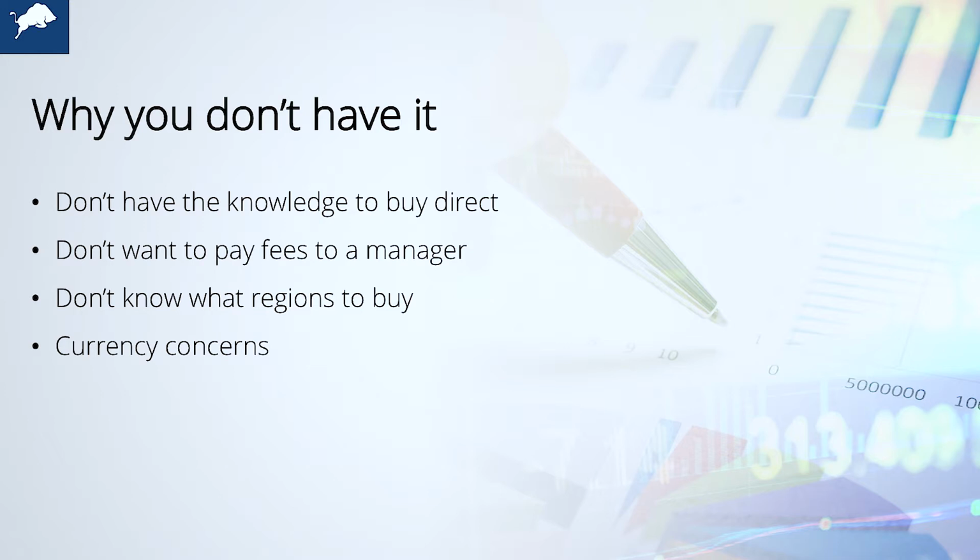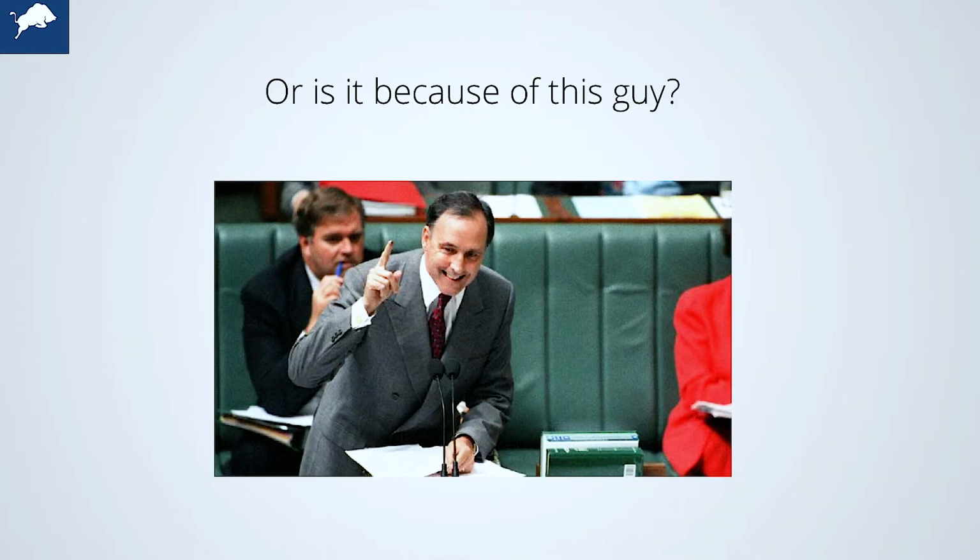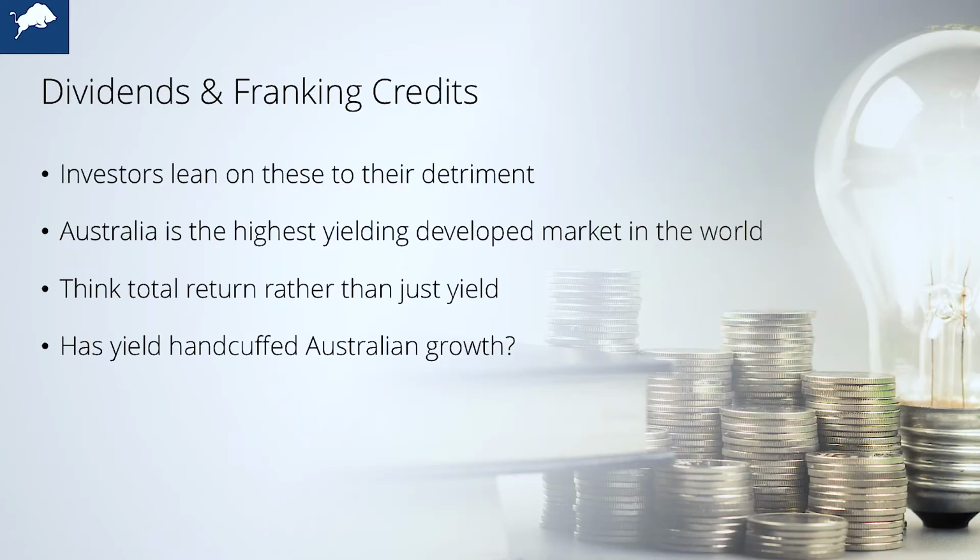But I think there might be one other reason as well that people are underweight international equities, and I think this could probably be the main reason. I think it's this guy on your screen now, with the introduction of franking credits, imputation credits into our system here. Those franking credits are incredibly valuable to Australian investors, and of course the international markets don't actually pay franking credits.